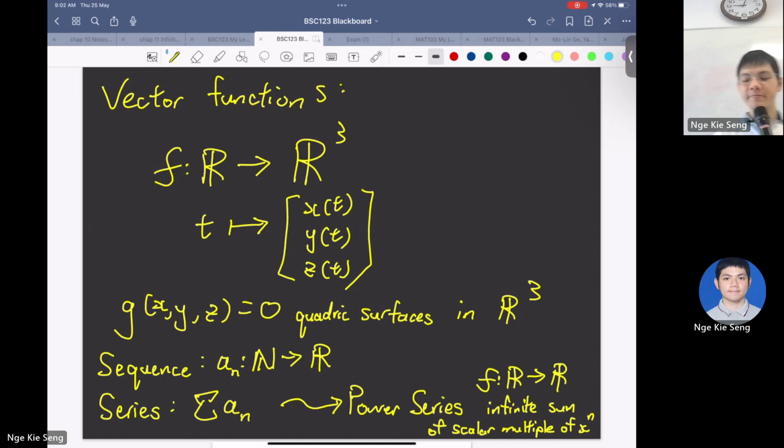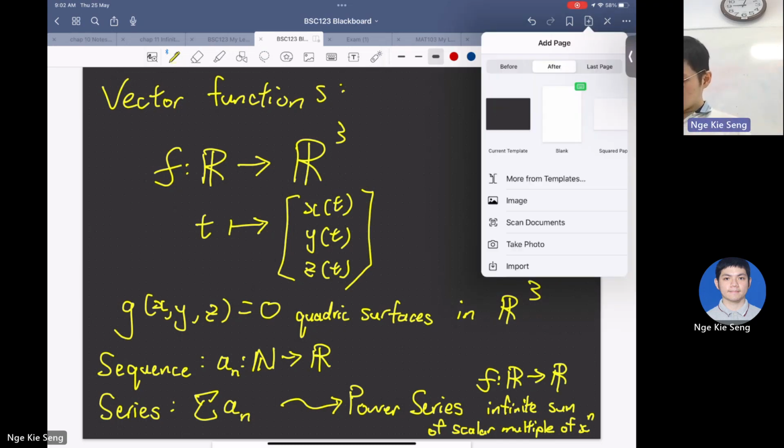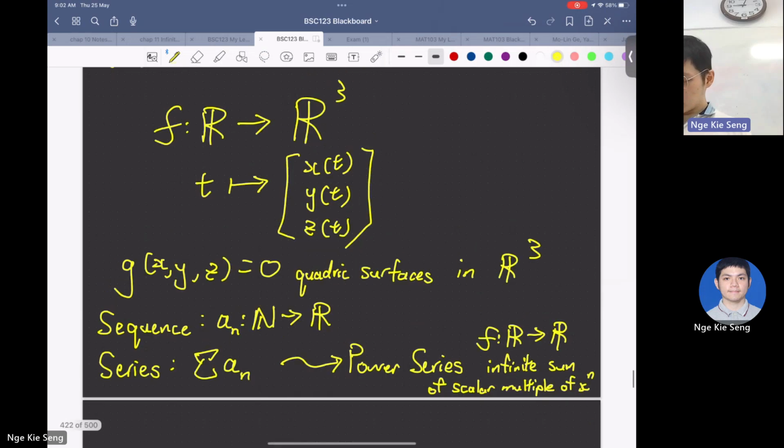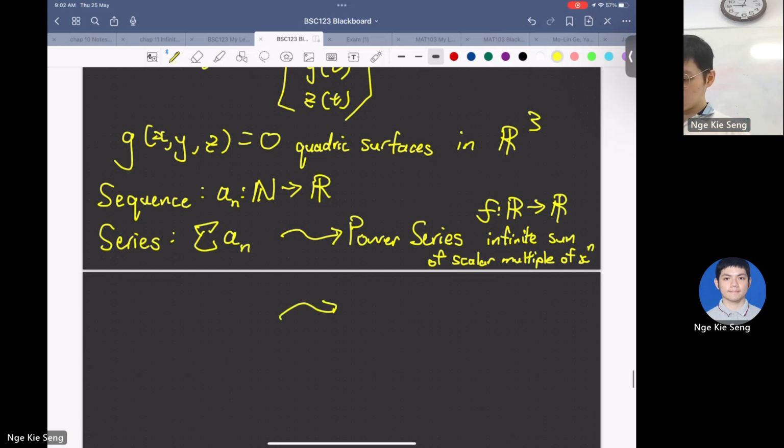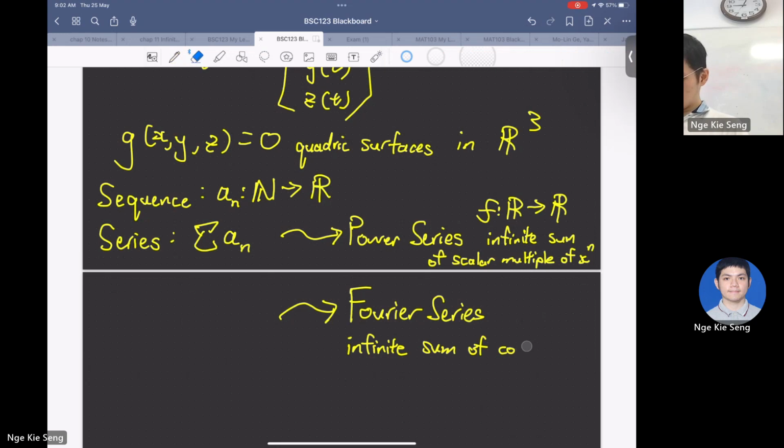Okay, so this is what we have done so far. And then we just finished, quickly running through Fourier series, which is an infinite sum of cosine and sine waves.